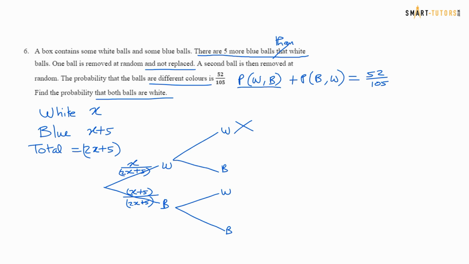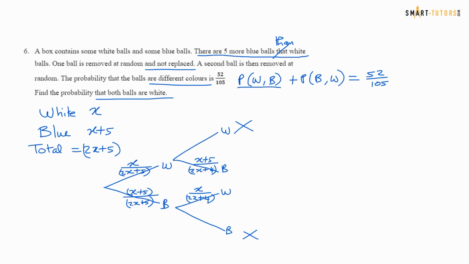So when you are taking the blue ball it is going to be the same, x plus 5 over the number of marbles reduced by 1, so 2x plus 4, because one marble is taken away. Now we don't want this one, we need this one. So the white marble is going to be x over 2x plus 4. So that is the algebraic expression.